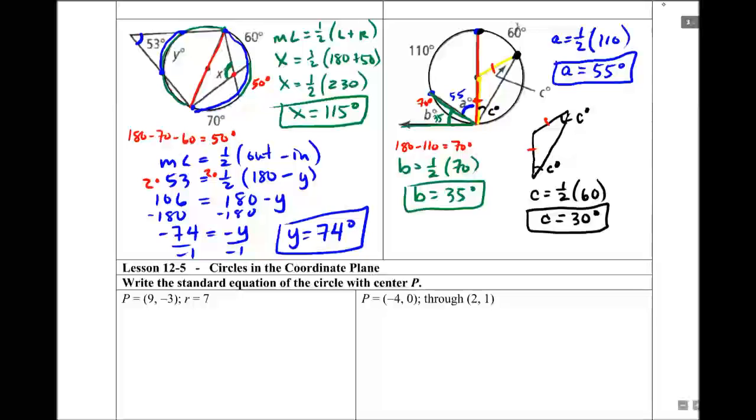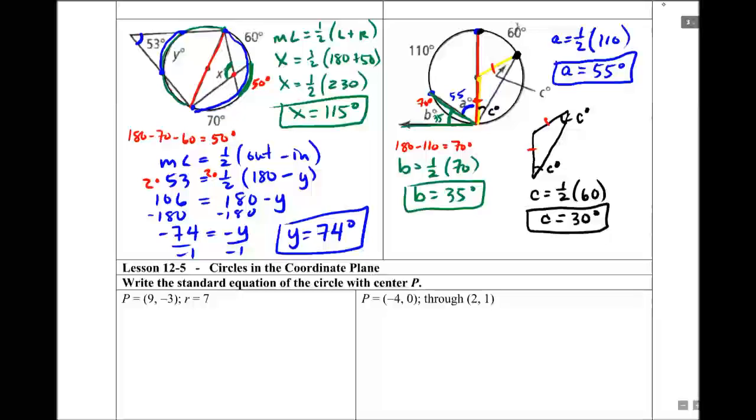So I marked my angle x, and I found that my left arc is this semicircle over here because it intersects right here at the diameter, and my right arc, it was missing over here, but we found it because we know that this is a semicircle. So 180 minus 70 minus 60 gives us 50. So I can do x is 1/2 the left side, which is 180, plus the right side, which is 50. Half of 230 is 115.